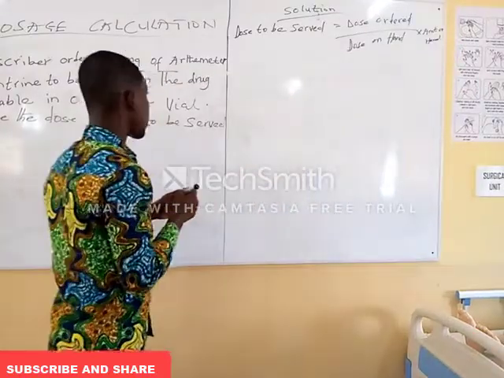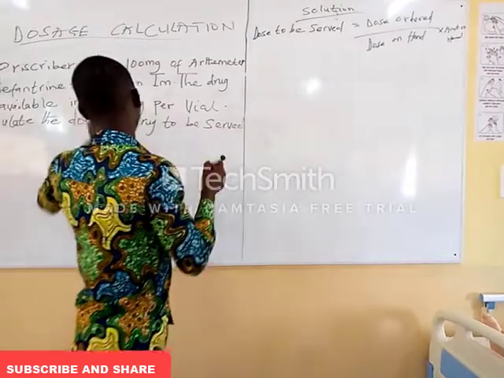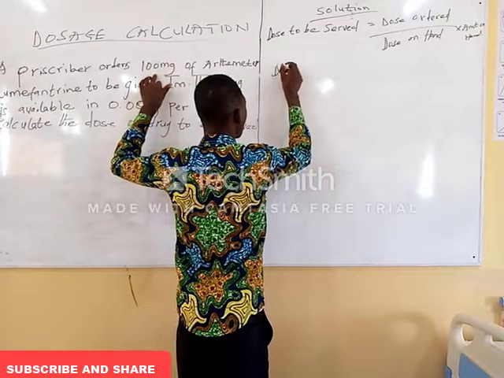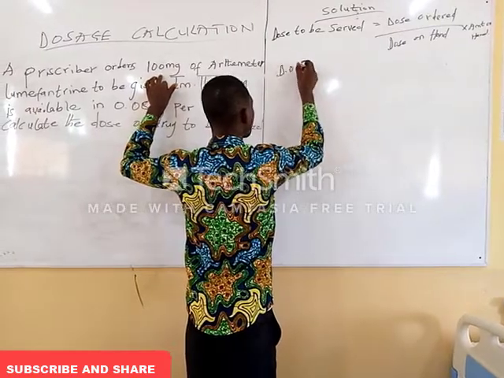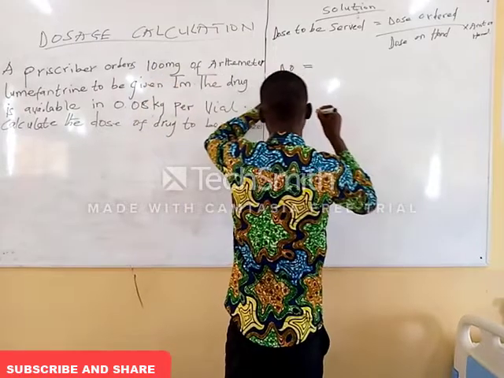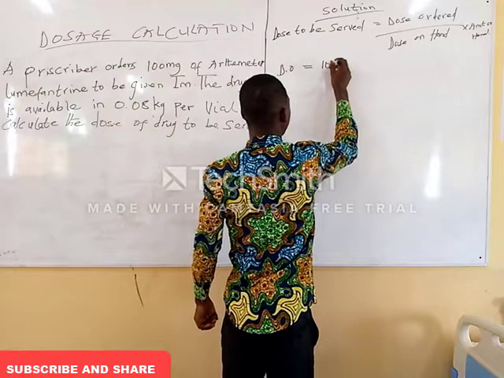So from the question, we have to define the terms. The dose ordered here, let's say DO, dose ordered. Don't get yourself confused, DO here means dose ordered, is equal to 100 mg.